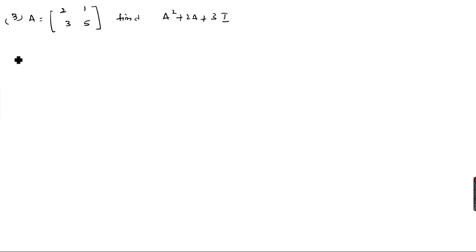So first we need to find A square, nothing but A into A: 2 1 3 5 times 2 1 3 5.